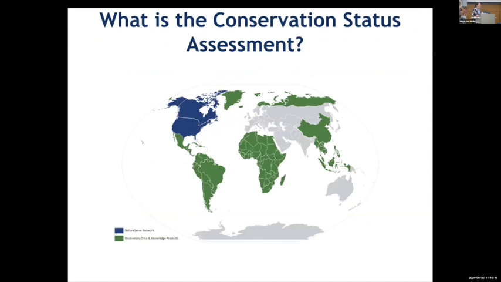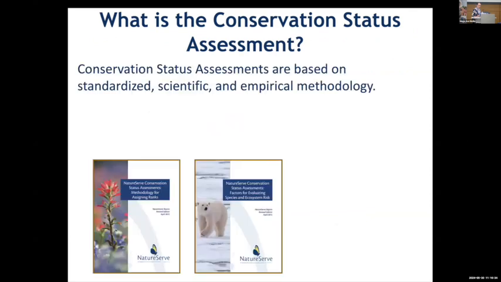NatureServe's conservation status assessment methodology has been evolving since 1978, and it is used by the NatureServe Natural Heritage Network program and the conservation data centers in North America, and our biodiversity data otherwise does extend globally. Conservation status assessments are based on standardized scientific and empirical methodology.